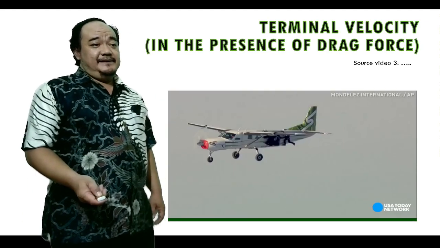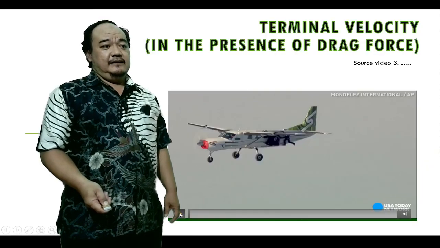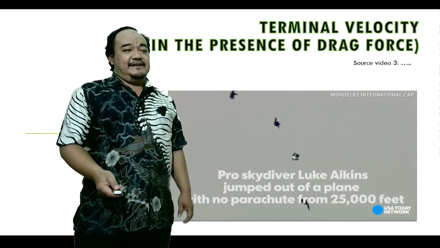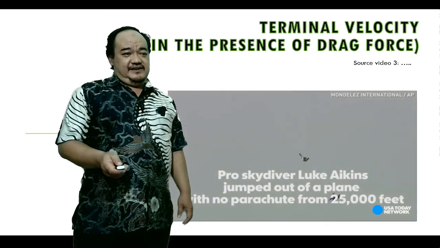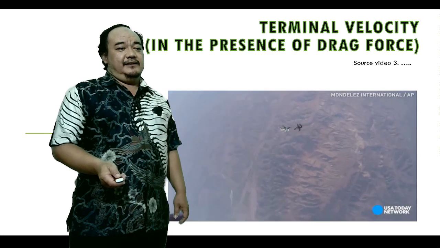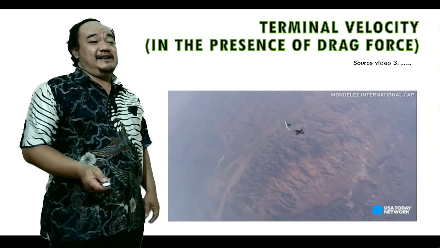Now the next video shows the skydiver jumping to the ground without the parachute. It still reaches the constant velocity or terminal velocity.